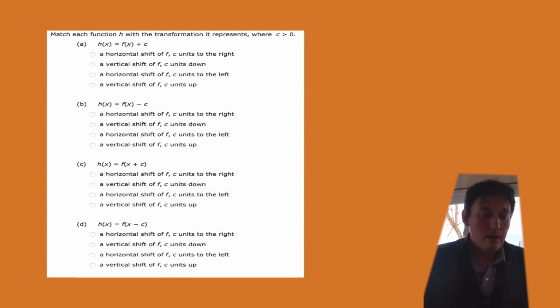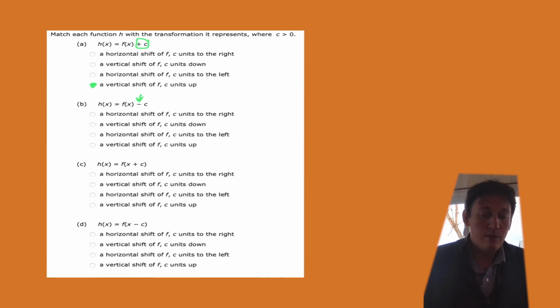So in this question, what does the c on the outside of the function do? Well, as we talked about before, c on the outside is a vertical shift, either up or down, and since it's positive, it's going to be a vertical shift of the function f c units up.